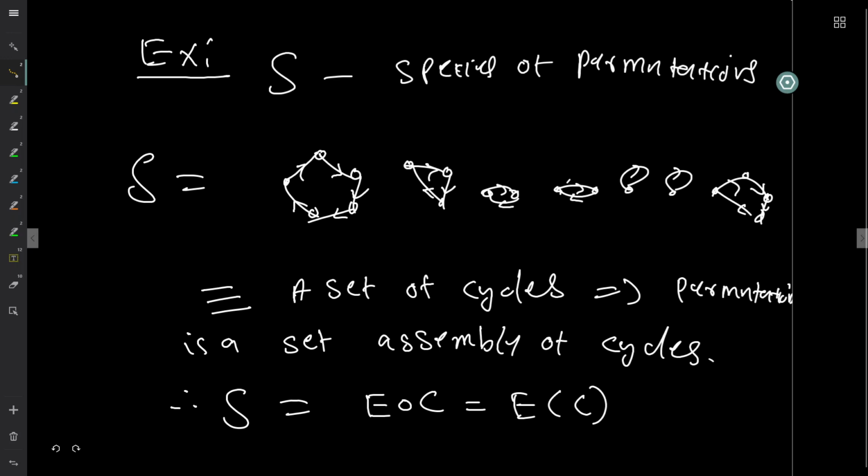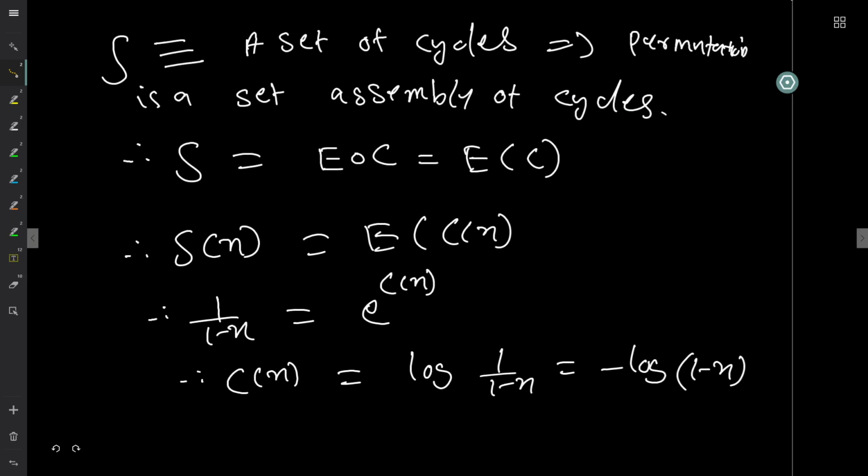The substitution. And if this is true, then it follows that the exponential generating function S of x is equal to E of C of x. And we know that S of x is 1 by 1 minus x, and E of x is e raised to x. So therefore, E of C of x is e raised to C of x. So e raised to C of x is equal to 1 by 1 minus x.